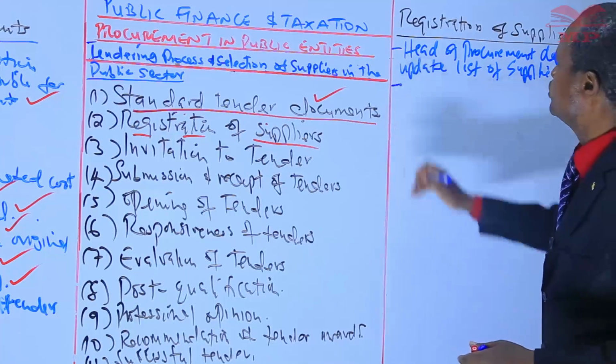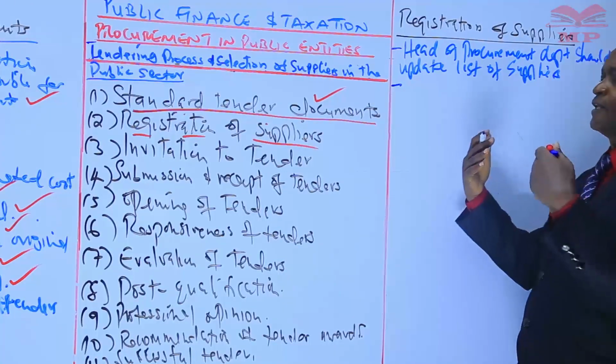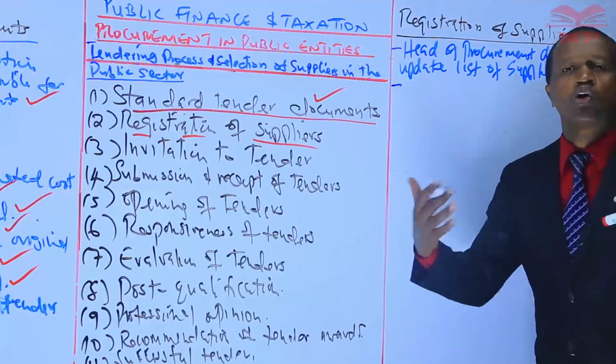Then, if one would want to be a supplier to a procurement entity, there ought to be no cost.